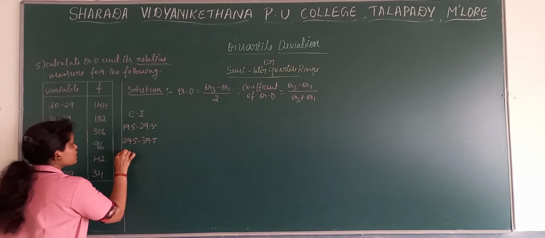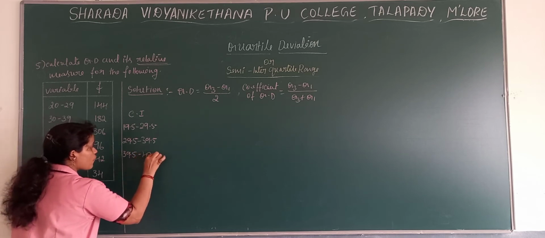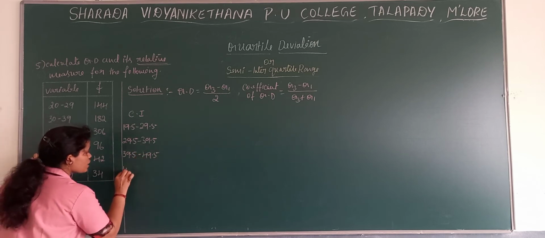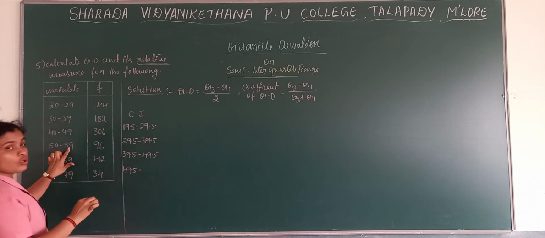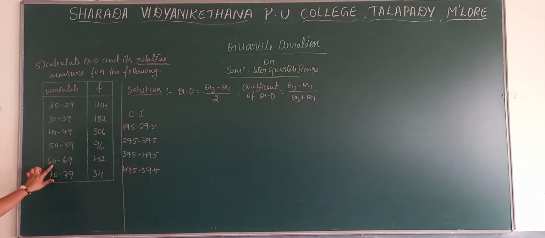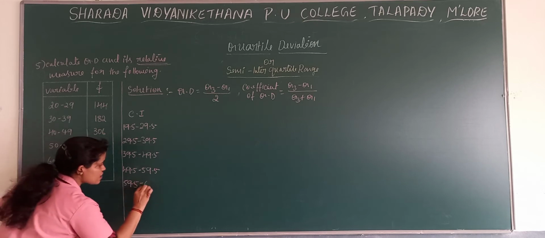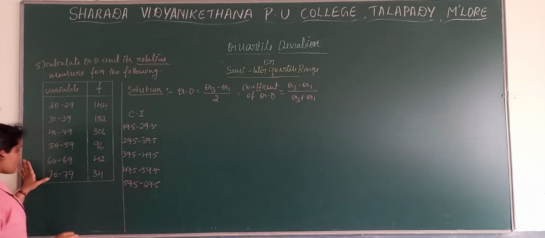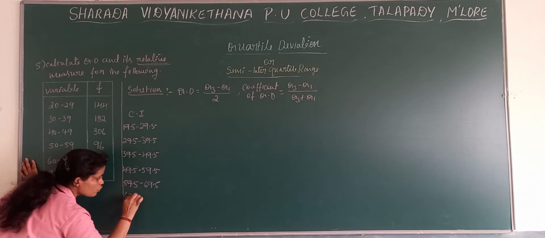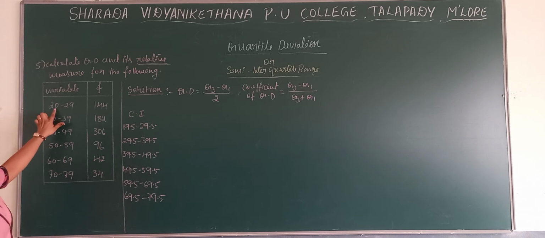Third one, 39.5 to 49.5. Next 49.5 to 59.5. Then 59.5 to 69.5, and the last one 69.5 to 79.5. It's nothing but deducting 0.5 from the lower limit and adding 0.5 to the upper limit.